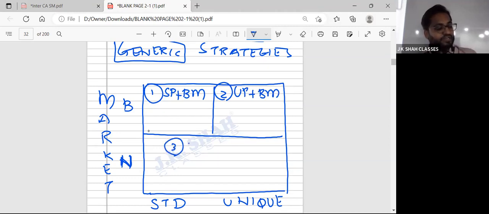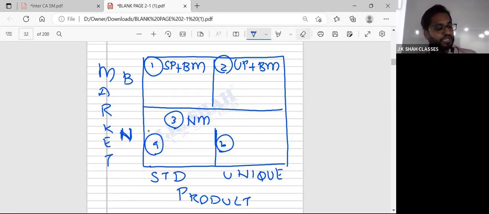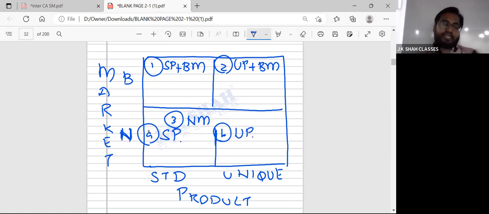Third one, I will tell you, this is narrow market. But in narrow market, we will have A and B. What will be the combination? 3A, narrow market but standardized product. This will be narrow market, unique product, right?